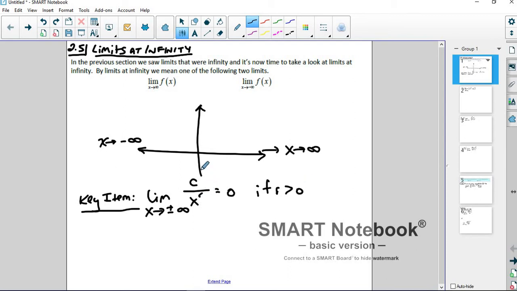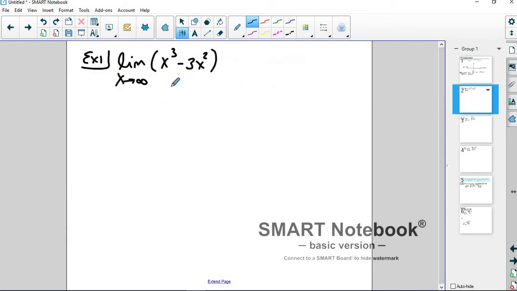So basically what we're saying is if you have a number, no matter how big this number is, if you're dividing by something that's going to infinity, then obviously that gets smaller and smaller and smaller, and it eventually goes to 0. So this key fact here, this key item for this section is going to be kind of what drives everything that we do. Okay, let's do an example.